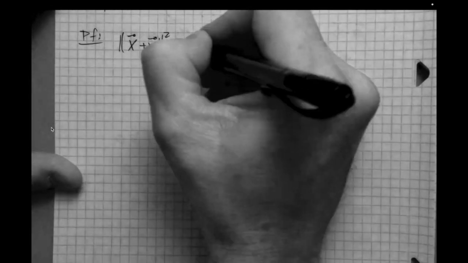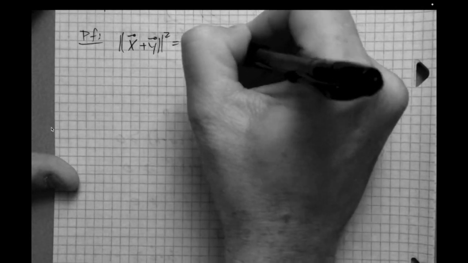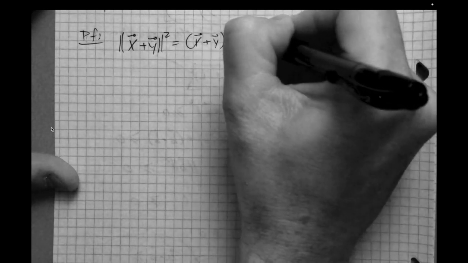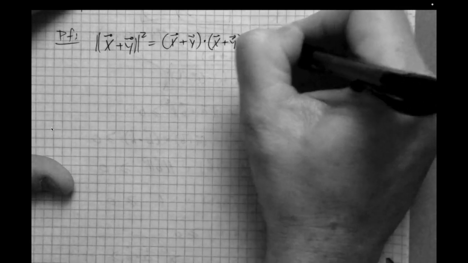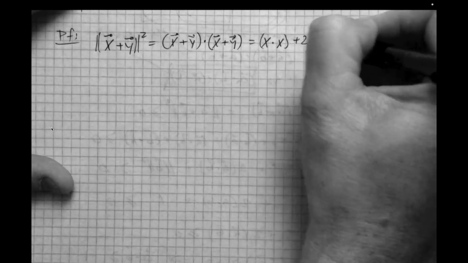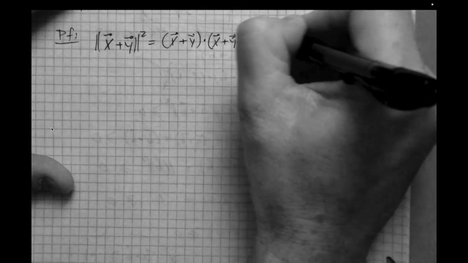We can expand this; we know from a previous theorem that this is equal to x plus y dot x plus y, and we can expand this to x dot x plus 2 times x dot y plus y dot y. These are all vectors.